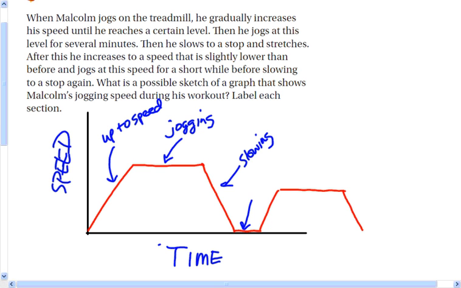Right in here he is stretching. Then he speeds up again and jogs a short while at a constant rate, and then he quits here. So I should probably extend this. And so I think it could look something like that.